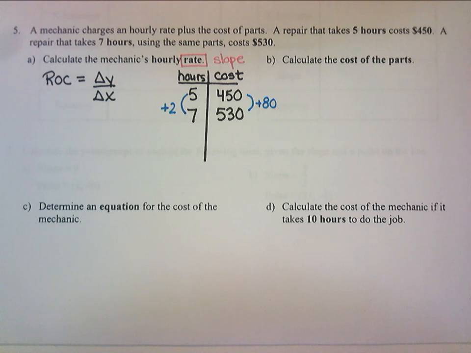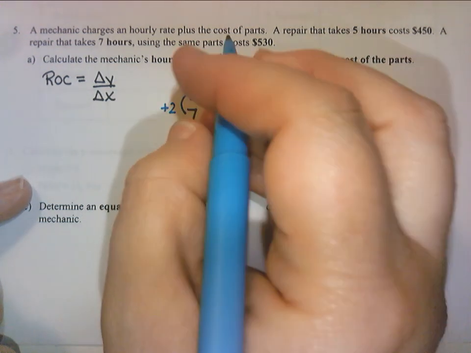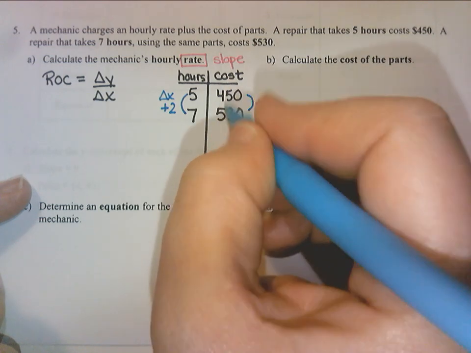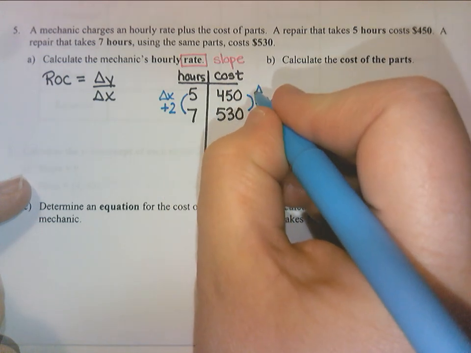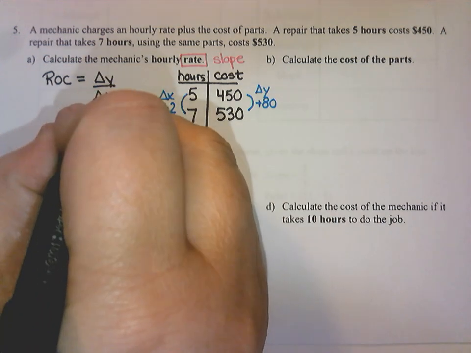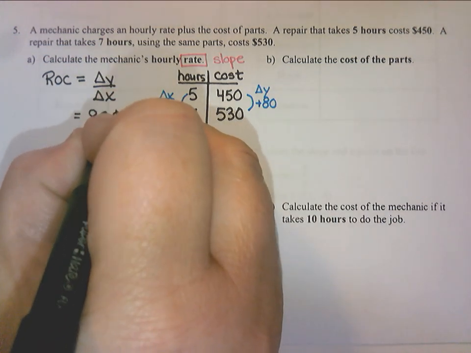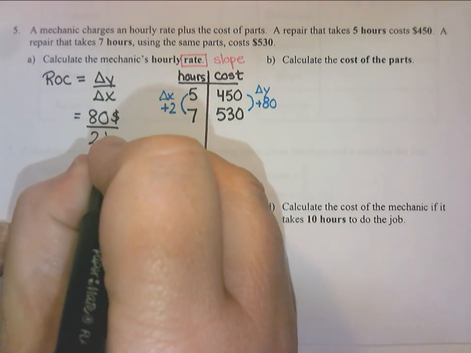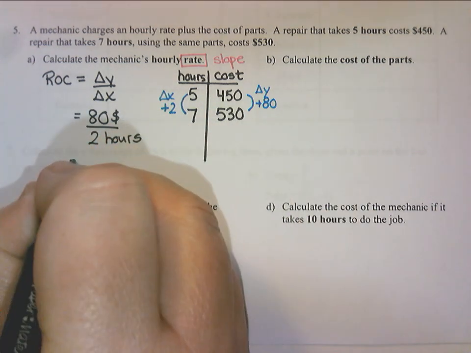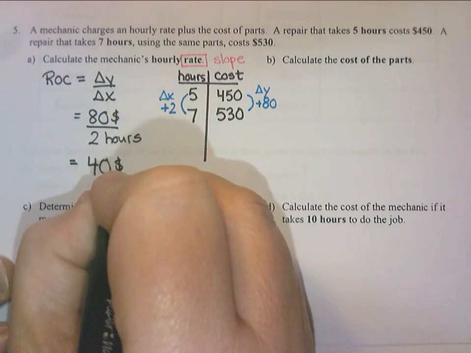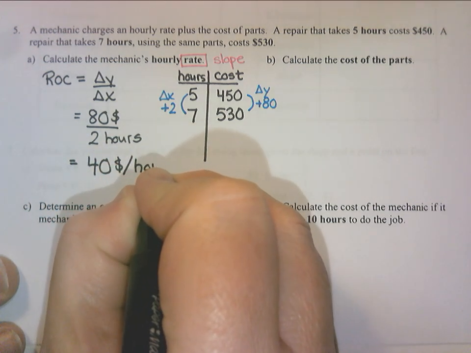Okay, when we're doing our calculations, this side is always our x side, so that's our delta x. This side is always our y side, so this is our delta y. So we are going to end up doing $80 divided by 2 hours, which will give us $40 per hour.